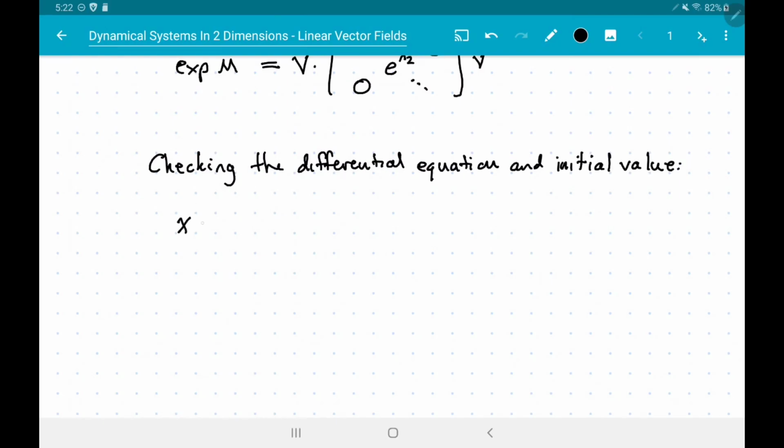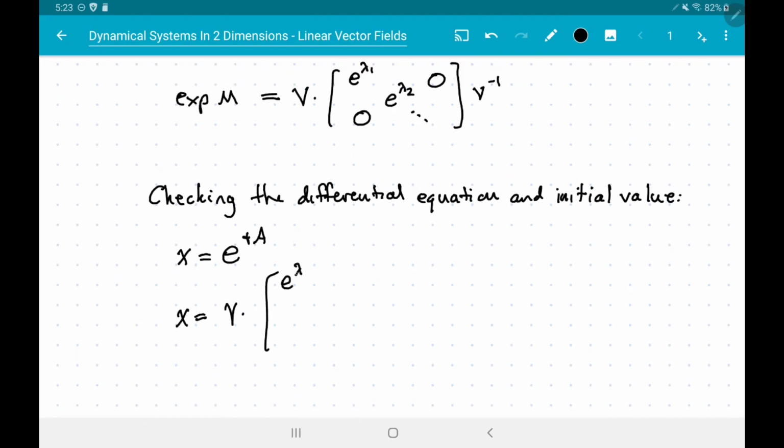Okay, well, if I define x to be e to the ta, that means that x, assuming again that a can be diagonalized, I can write this as v times e to the lambda 1t, e to the lambda 2t, and so on.